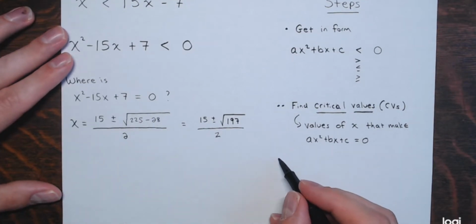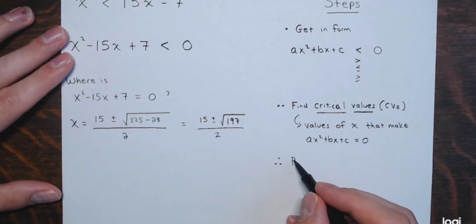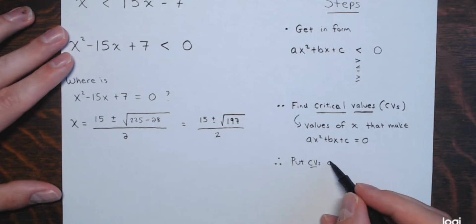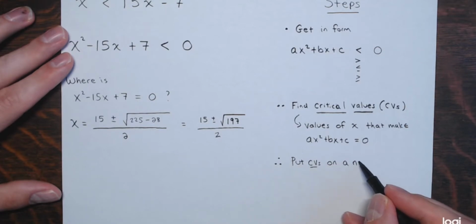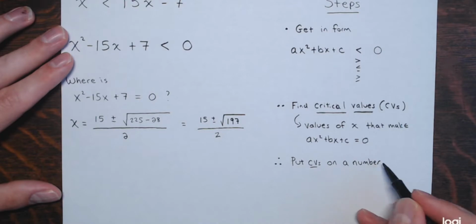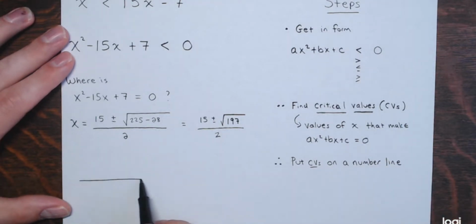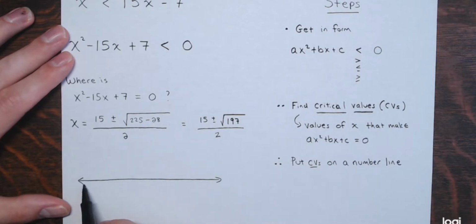Alright, then I'm going to make a number line. I'm going to put the critical values on a number line. Alright, so we have the number line here. This number line, say, represents all the possible values of x.